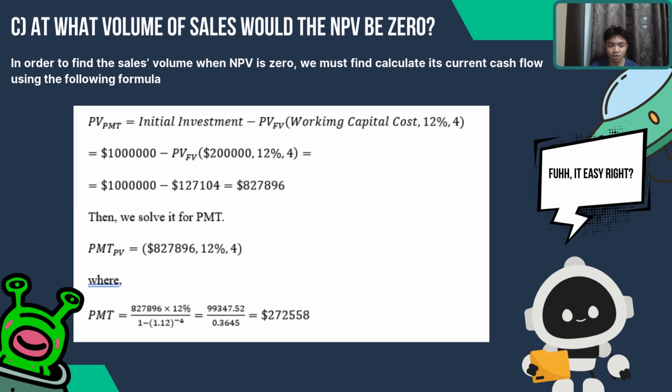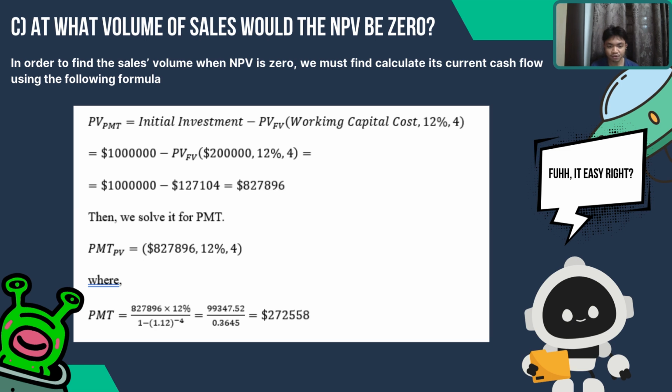1 million minus the PV of the working capital investment, in brackets 200,000, 12%, and 4, which will get 1 million minus 137,104 equals 827,896.